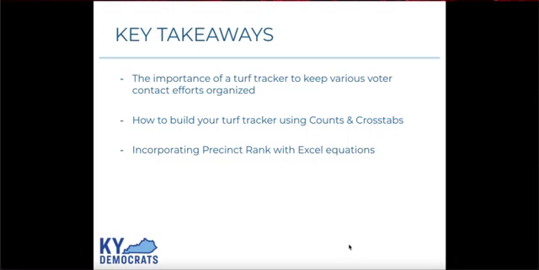So hopefully one of the key takeaways folks get from this is that a turf tracker is very important. It's going to help you keep your voter contact efforts organized, not only for yourself, but for other members of your team, or even other campaigns that you might be working with.